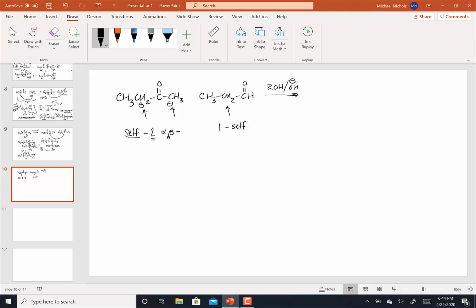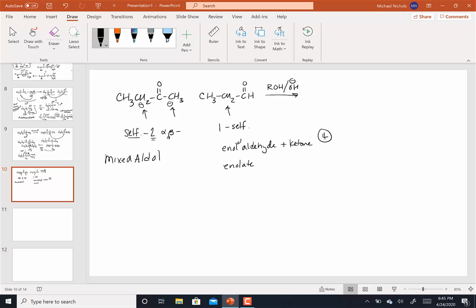And then if I did what's called a mixed aldol, where now the enolate of one reacts with the ketone of the other. So if I had the enol of the aldehyde reacting with the ketone, that would be product number 4. And then I've got 2 different enolates.